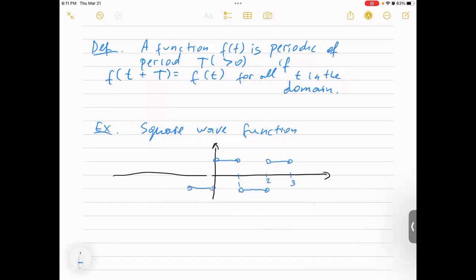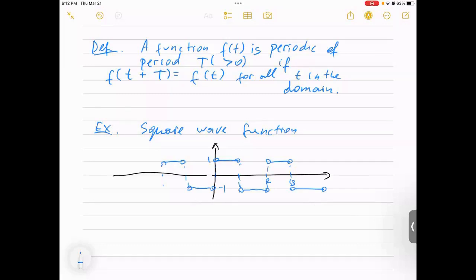So it looks like a square wave. For example, the square wave will have a period capital T equal to 2.